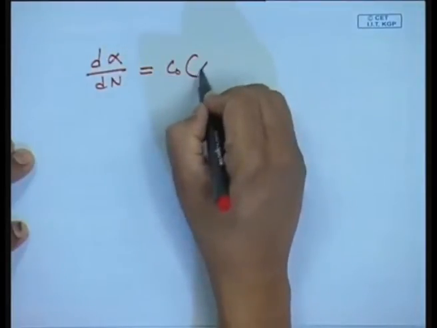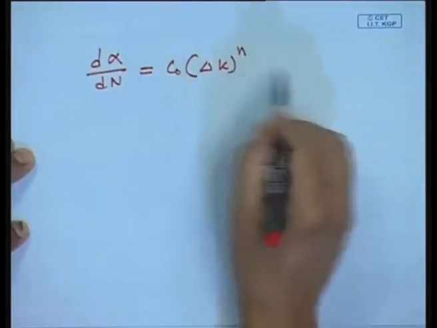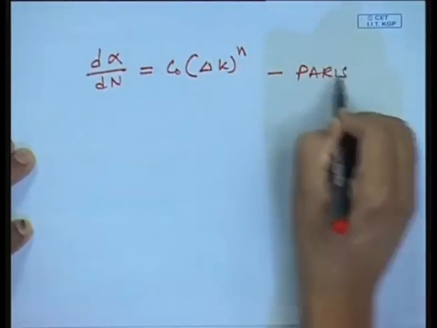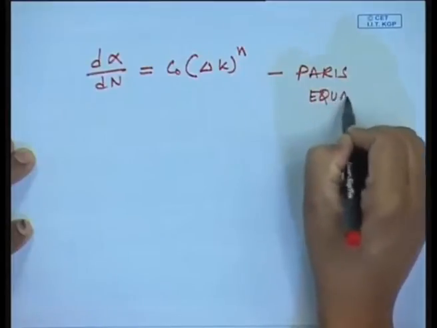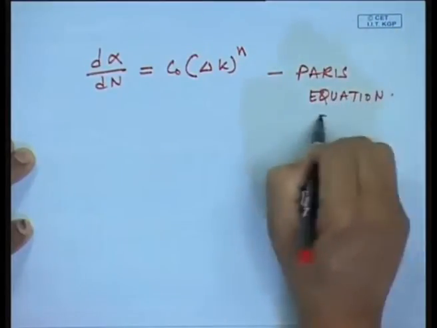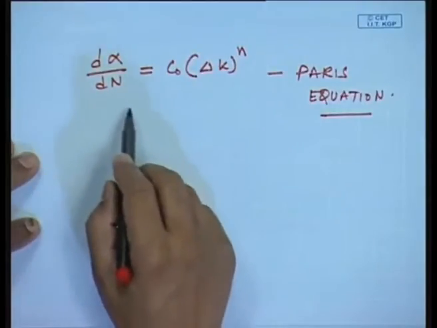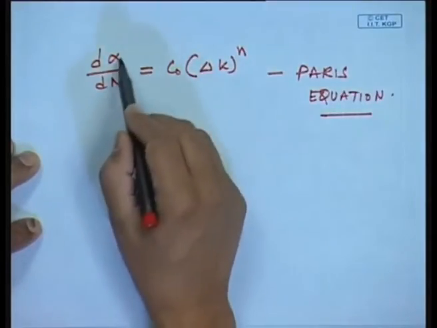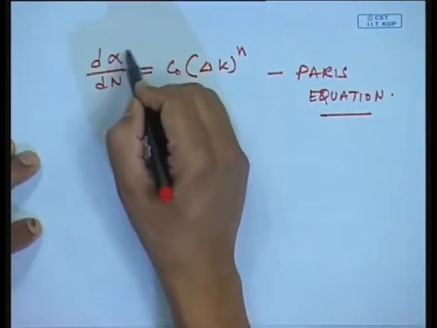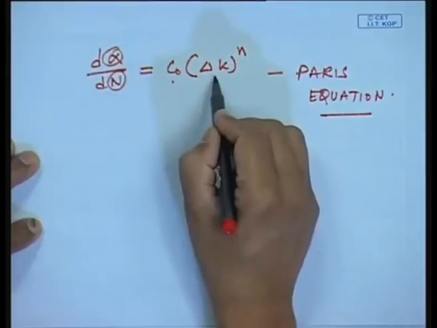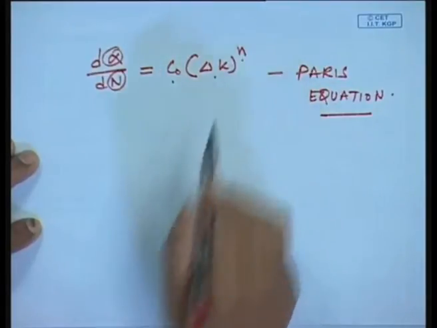C0 is a material property and N is also a material property, and this is known as the famous Paris equation. From such an equation we can always estimate this is the crack length or dimension for crack, this is the number of cycles, this is the material property, this is the stress intensity level, and this is again a material property.